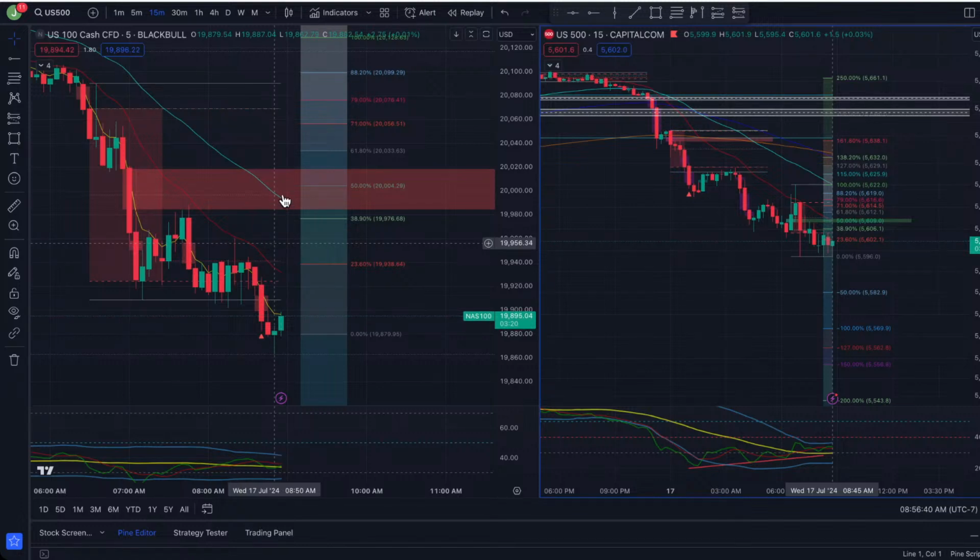Or even if it taps here, hits the 50, rejects. Either way, we're looking for a definitive bearish setup now.